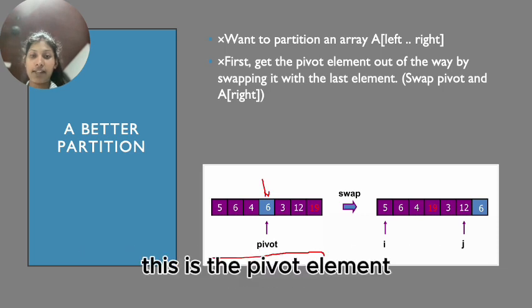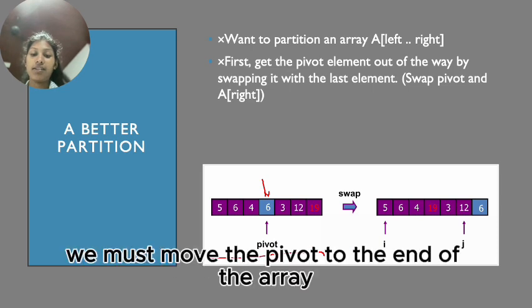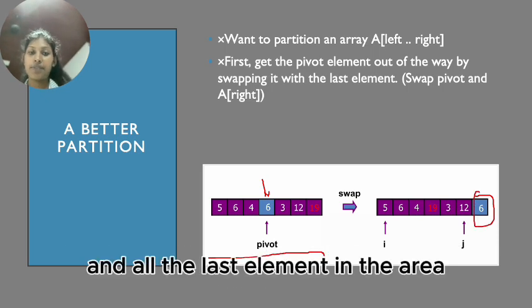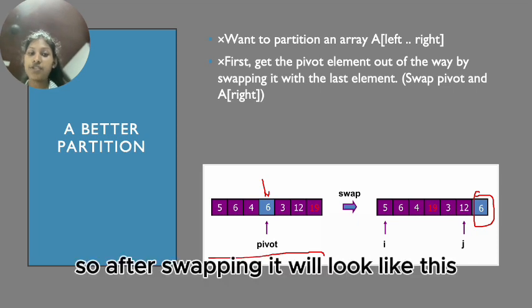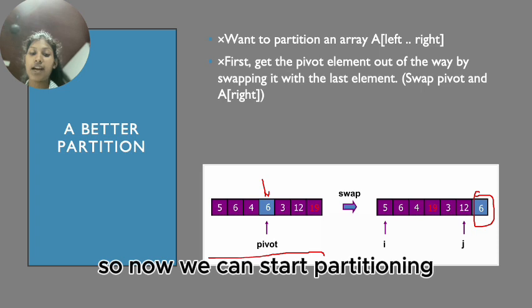Before starting, we must move the pivot to the end, the last position in the array. After swapping, it will look like this. Now the pivot is safely sitting at the end, so we can start partitioning.